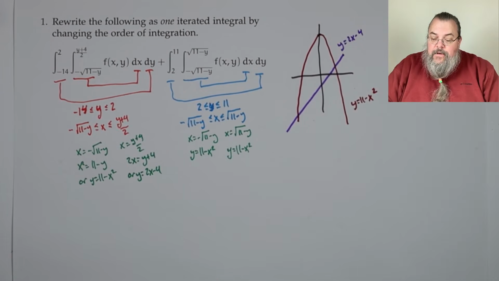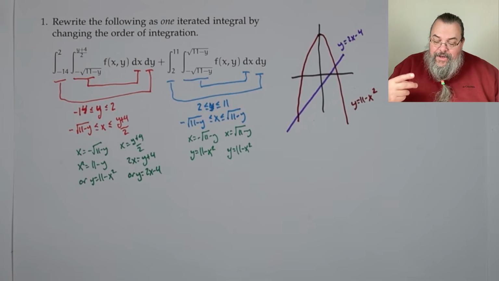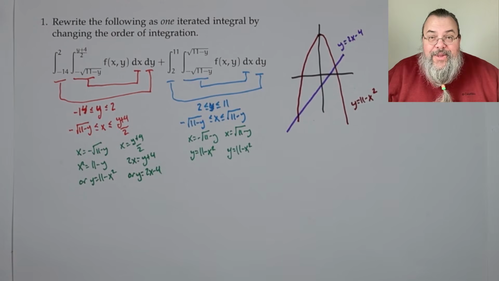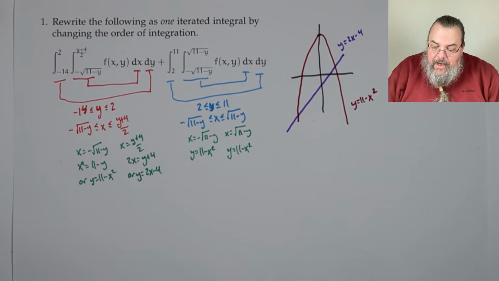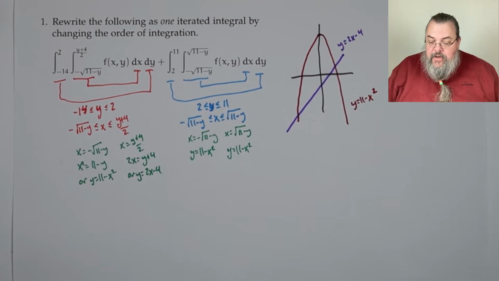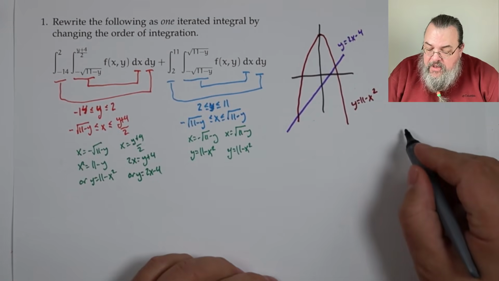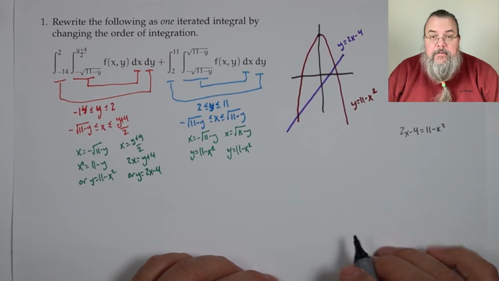Now, quick question. Where do things intersect? All right, now we can probably do one of two things. We'll do both. One thing is we can say, well, we have the functions. Intersection is when they are equal. So we can take 2x minus 4 and set that equal to 11 minus x squared.